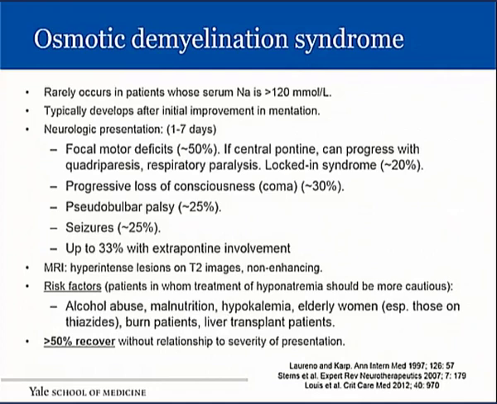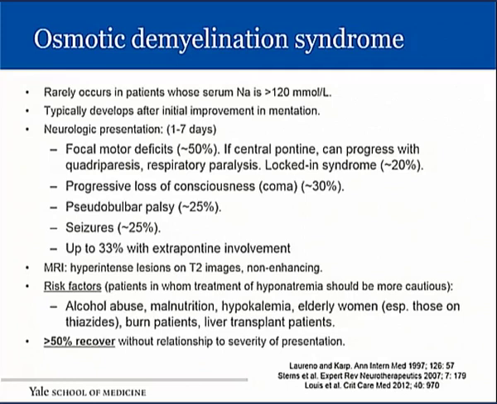Patients typically have an initial improvement and then they get worse, typically several days later. The neurological presentation is varied. It stopped being called central pontine because a good number of patients have extrapontine involvement. They usually present with either focal motor deficits, progressive loss of consciousness, or seizures.